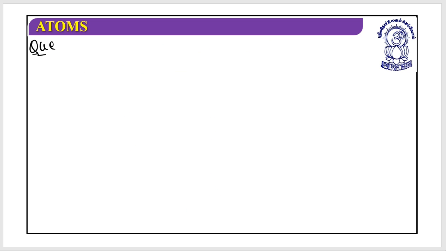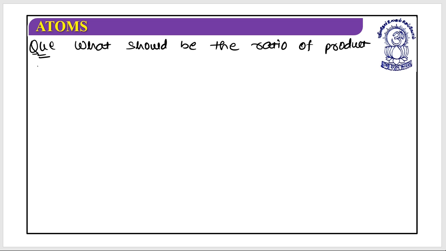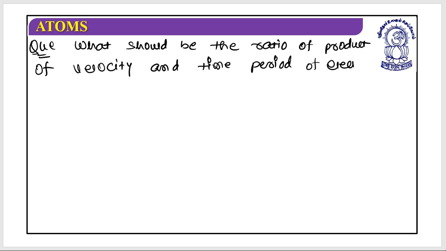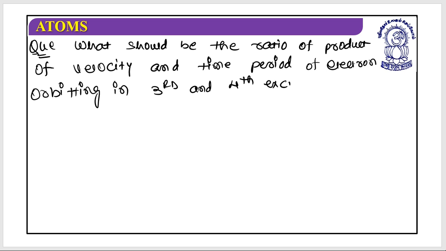Let's have a look. The question says, what should be the ratio of the product of velocity and time period of electron orbiting in third and fourth excited orbits around hydrogen atom.